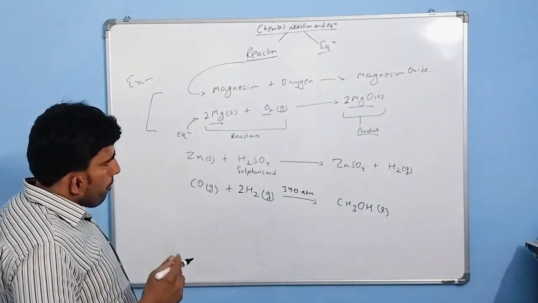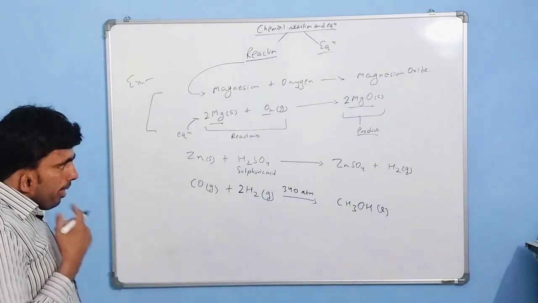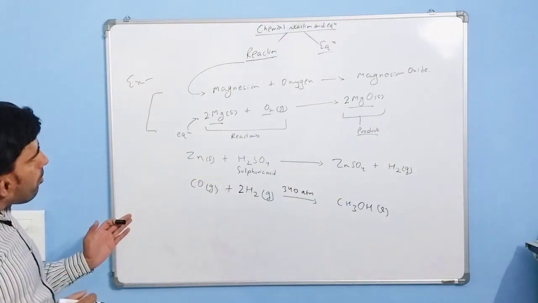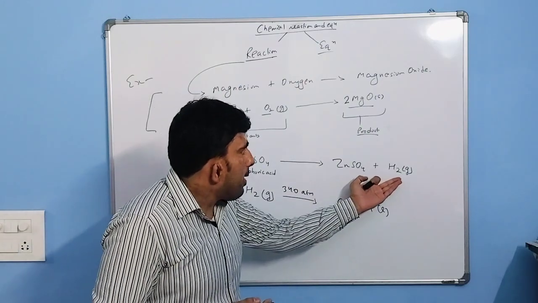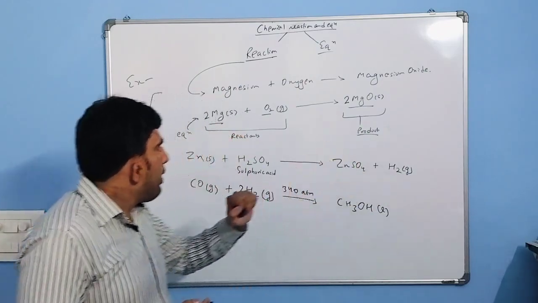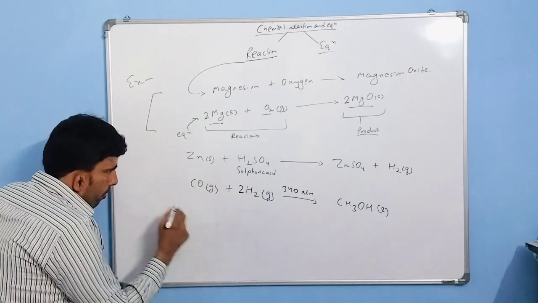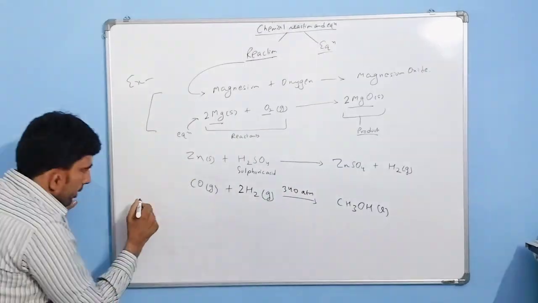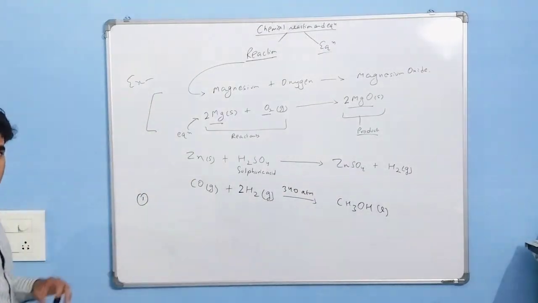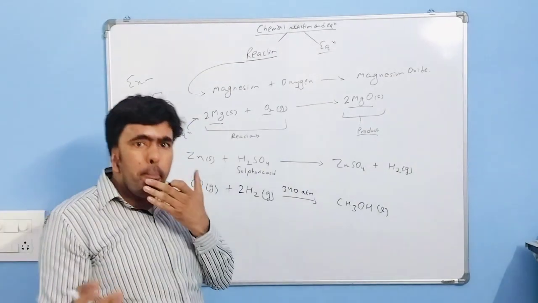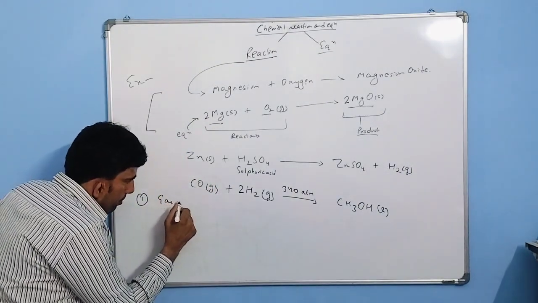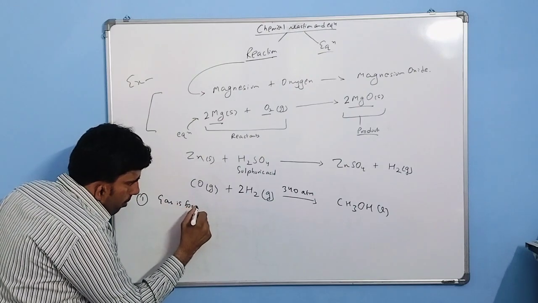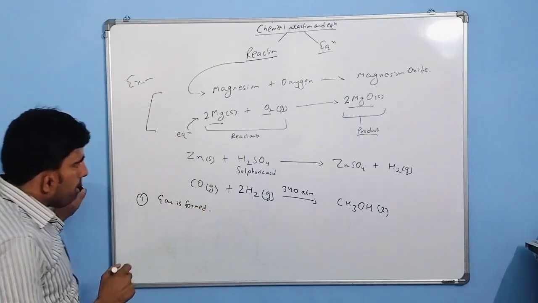Now, before going ahead, let us see what I have found: gas is formed. One thing I found from this reaction, how we say that a reaction has happened, is that gas is formed.